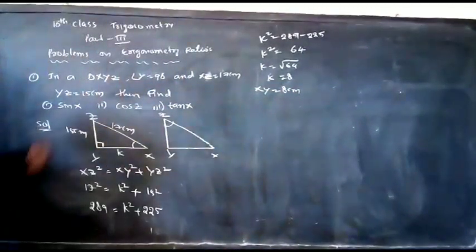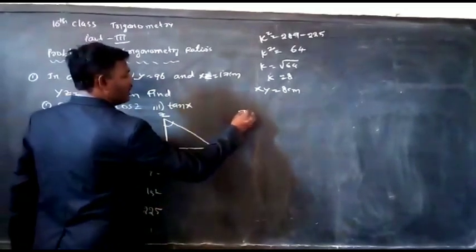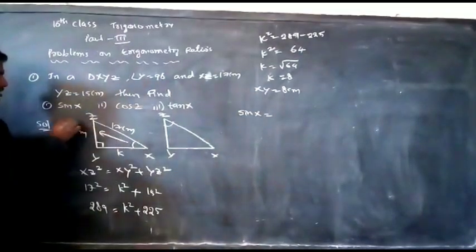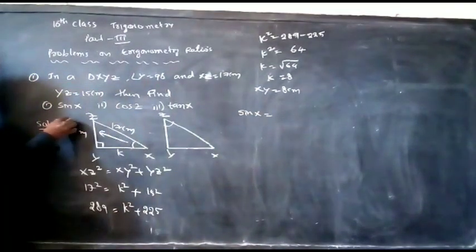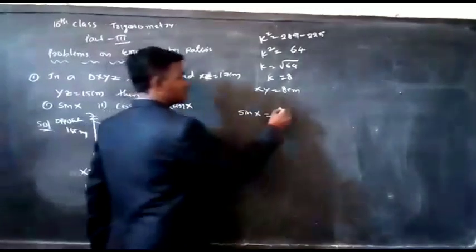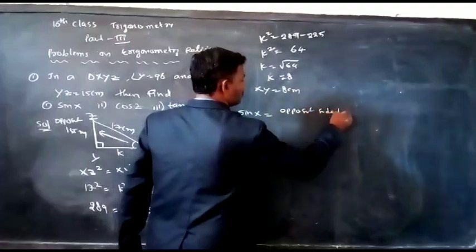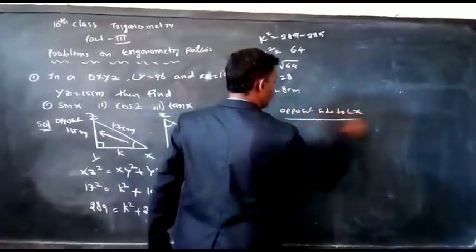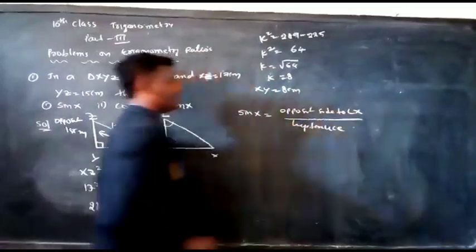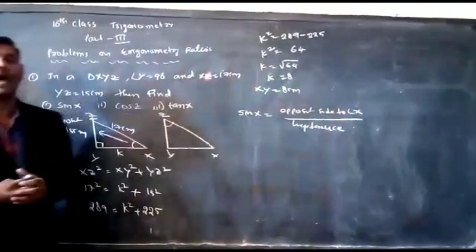Now what do I need? Sin X. Sin X is equal to opposite side to angle X by hypotenuse.